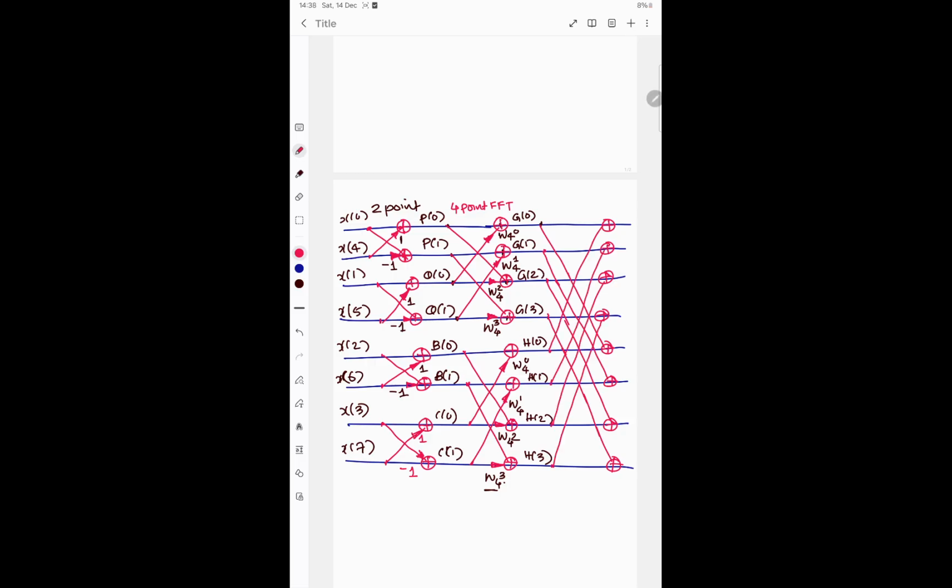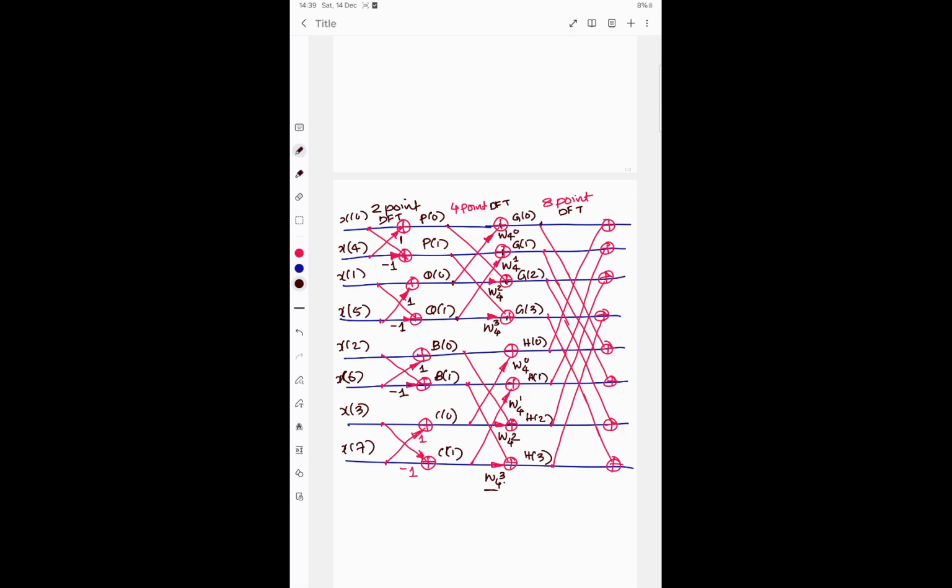So now we found the 8-point FFT, or rather the 8-point DFT. Now we have the 4 levels: the 2-point DFT, 4-point DFT, 8-point DFT.